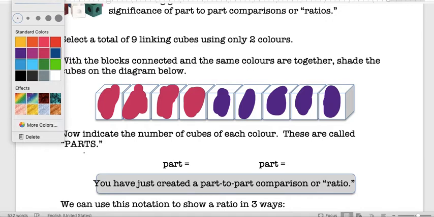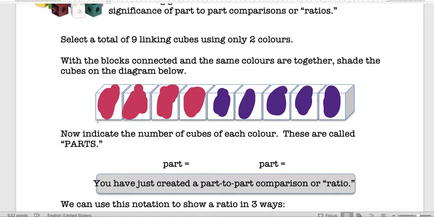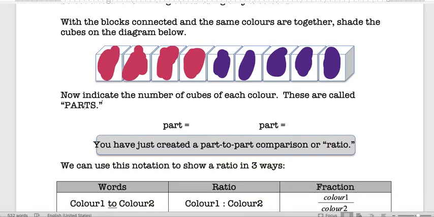And I would have showed them to you like this. Whatever you guys picked, you could have picked 3 and 6. Either way, you would have had your parts indicated as so. So now indicate the number of cubes for each color. These are called parts.